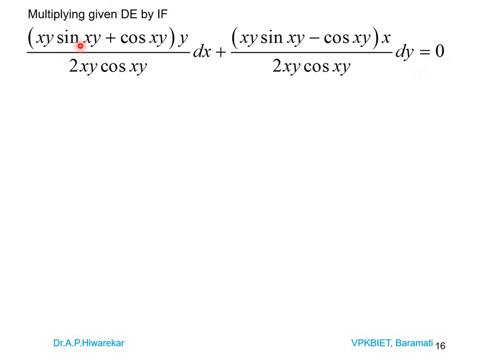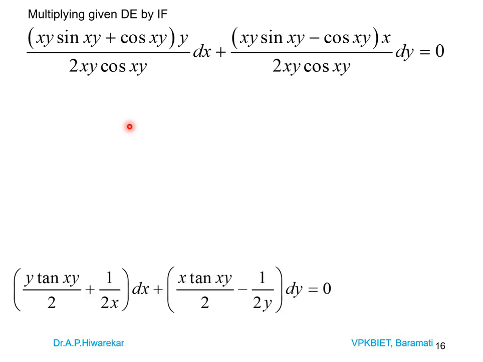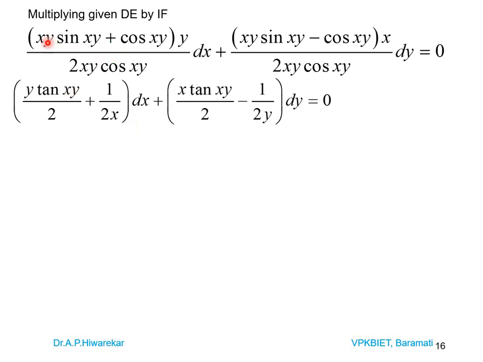So if you simplify, sin by cos means tan, xy gets cancelled, so y remains as it is. So we have y tan xy divided by 2. If you simplify the second term, cos xy gets cancelled, y also gets cancelled. So that's why it is plus 1/(2x) dx.